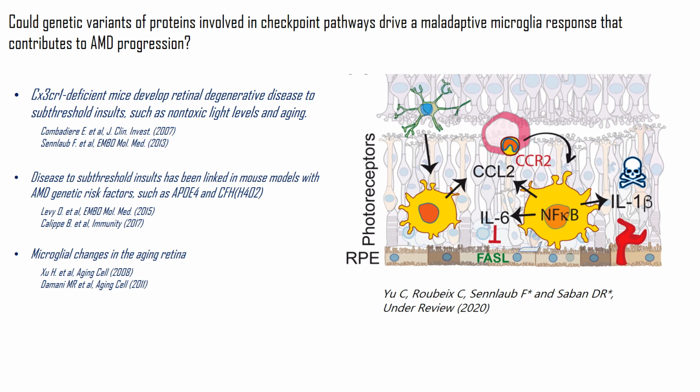And a similar finding was made or linked to certain genetic risk factors such as ApoE4 and CFH, which of course are highly relevant in AMD. And in these settings, the absence of CX3CR1 leads to a microglial state which expresses high levels of CCL2, presumably helping recruit monocyte-derived cells.